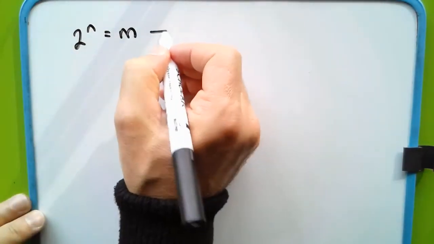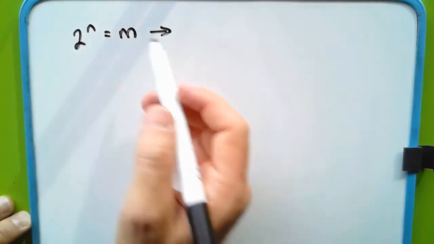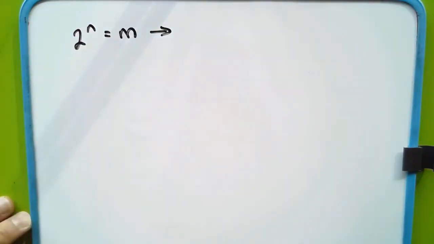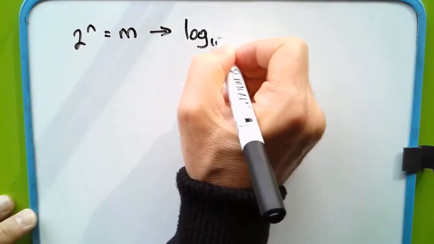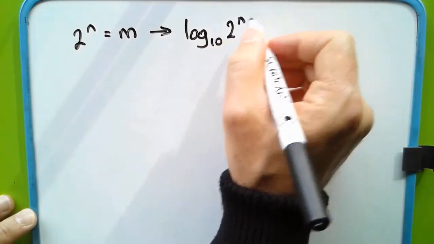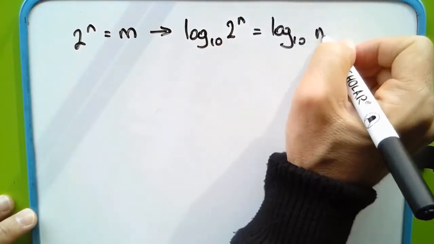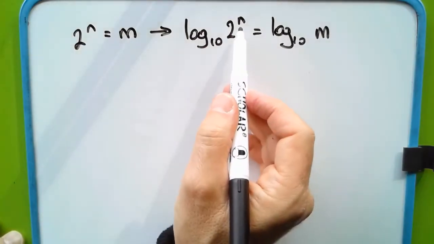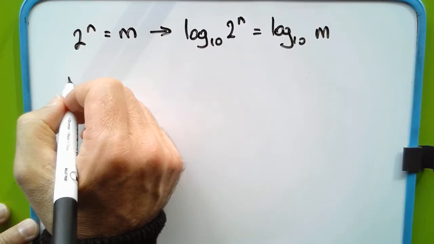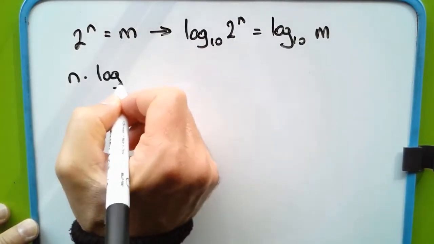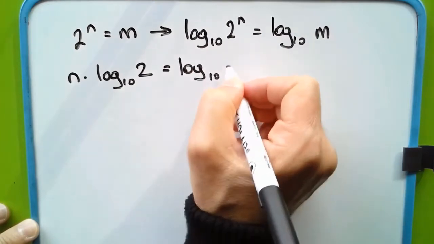Let's rearrange this again and take the logarithm of both sides, so we can make n the subject of the formula. So log base 10 of 2 to the power of n is equal to log base 10 of m. Again, log law number 3, we can bring the n out to the front. So n times log base 10 of 2 is equal to log base 10 of m.